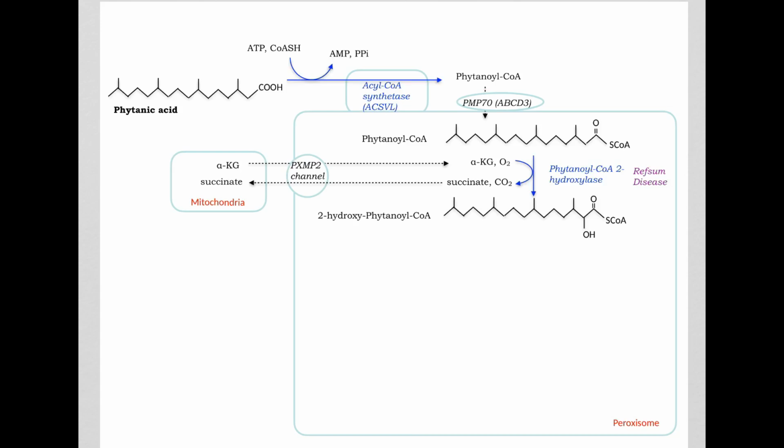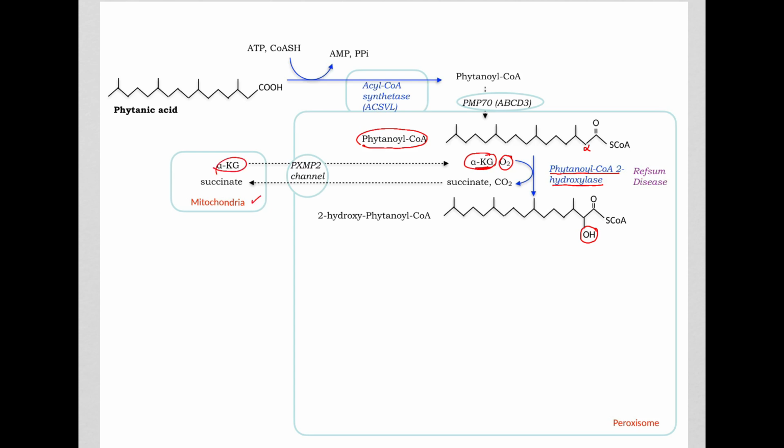Once the phytanyl-CoA is brought into the peroxisome, the alpha carbon is oxidized using oxygen, making a hydroxyl group at the alpha carbon. This is carried out by the enzyme phytanyl-CoA hydroxylase, and this requires alpha-ketoglutarate, which comes from the mitochondria.